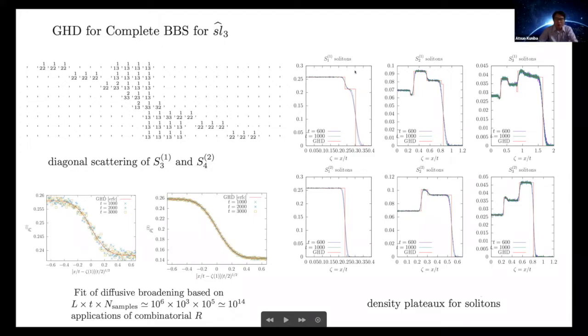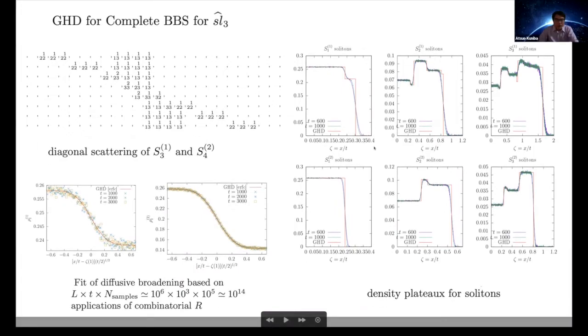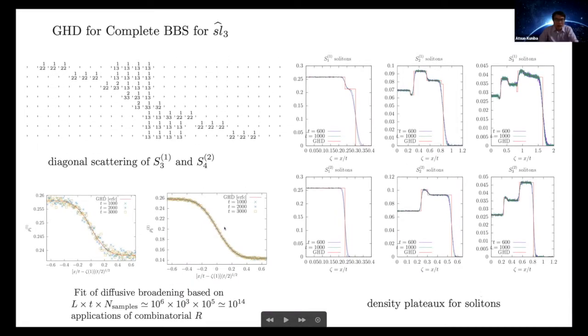And we did a similar domain wall problem, and these green plots are the simulation results, and the red curves are the theoretical prediction, the GHD theoretical prediction, which agrees very well. Also the diffusive broadening of this fit.